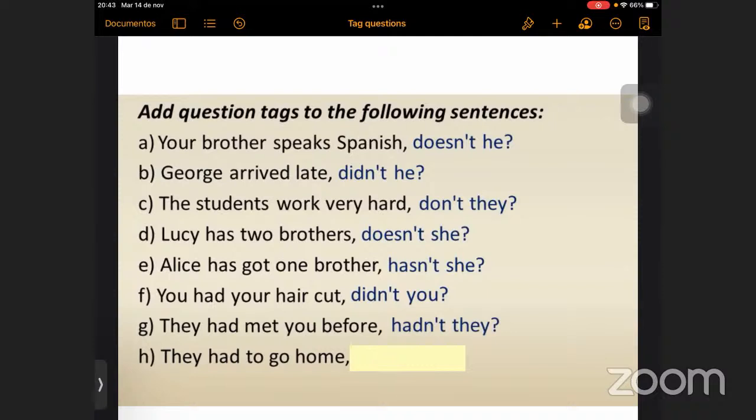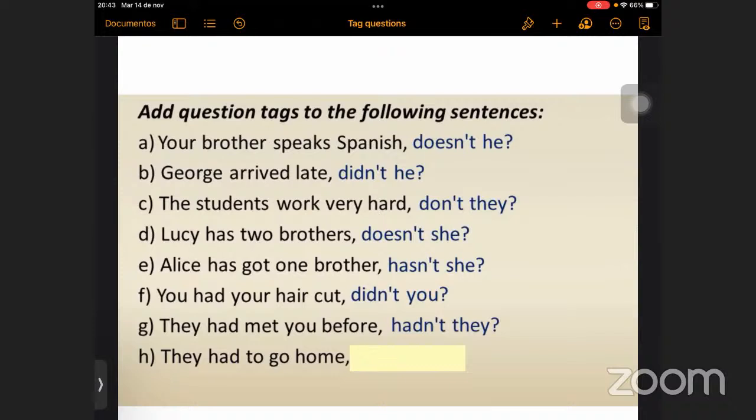Last one. They had to go home. Don't they?